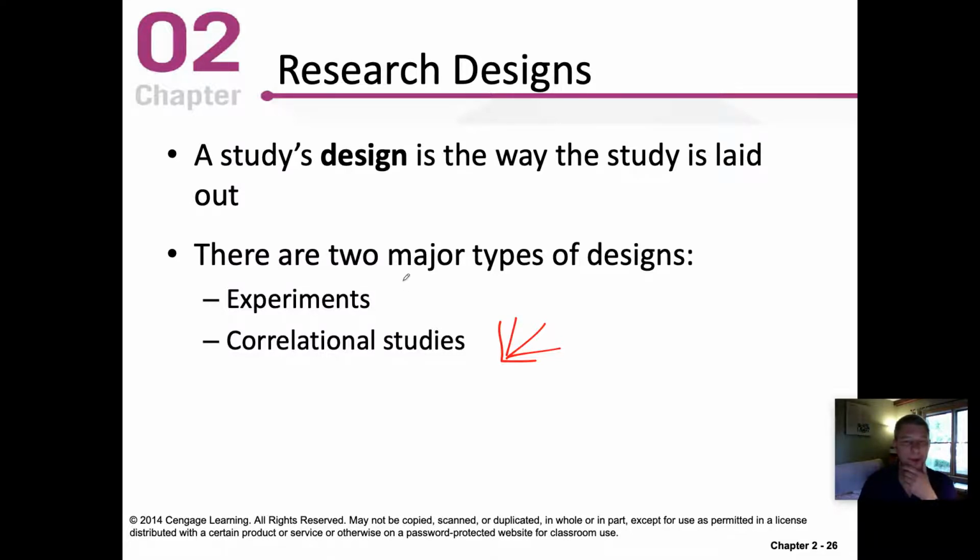In an experiment, you might try to determine weight loss versus certain diets. With no diet, there's this much weight loss. With the keto diet or the paleo diet or whatever it is, you might get that much weight loss, and you compare the difference between the two. So those are the two major types of designs.